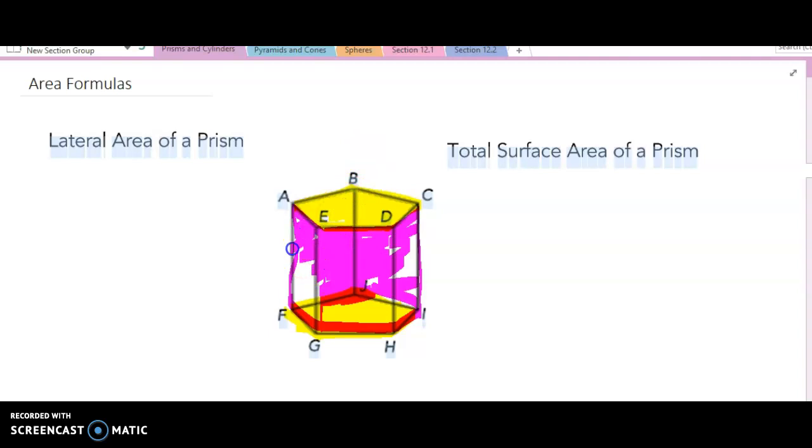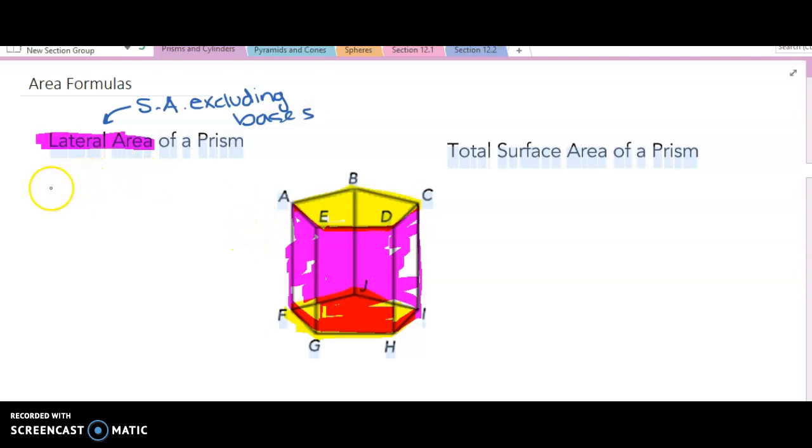Okay, so the lateral area is what I've shaded in purple, okay? It's the area that's not the base. So the surface area excluding the bases.